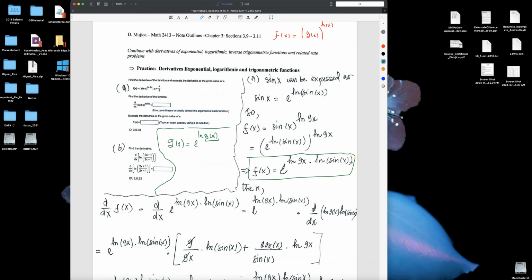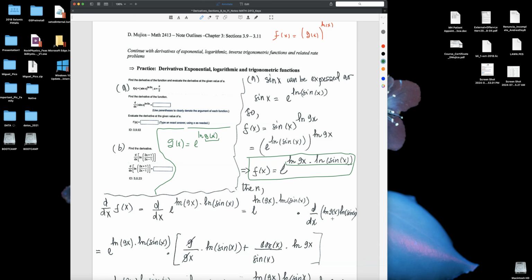If you apply the chain rule, this is the derivative of the exponential function evaluated at the inner function, which is the exponential function itself, times the derivative with respect to the variable of the inner function, which is the derivative of this multiplication.